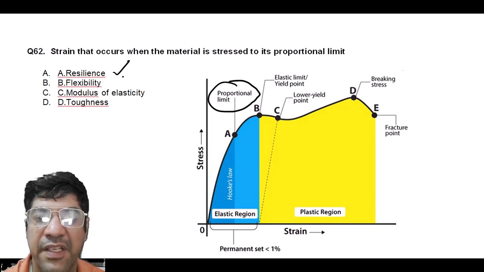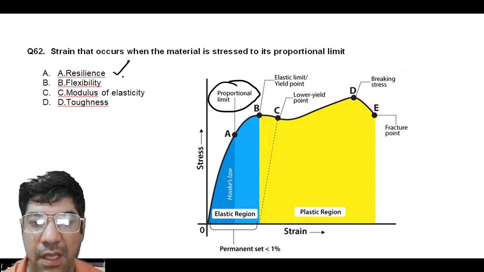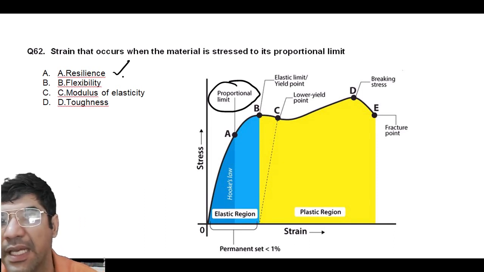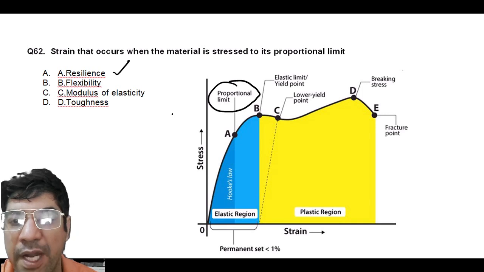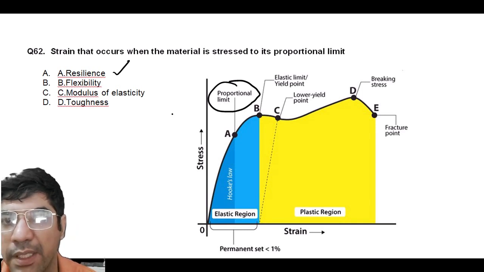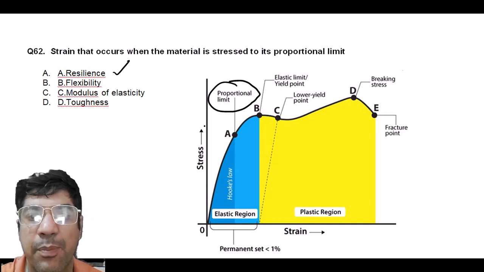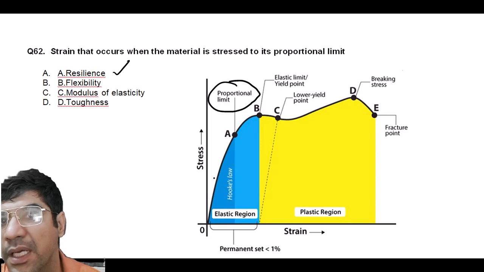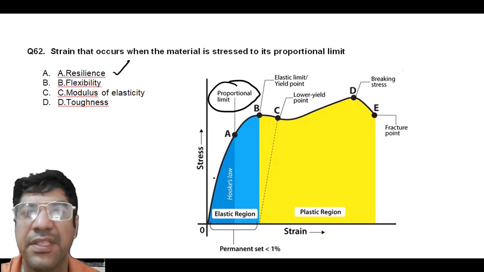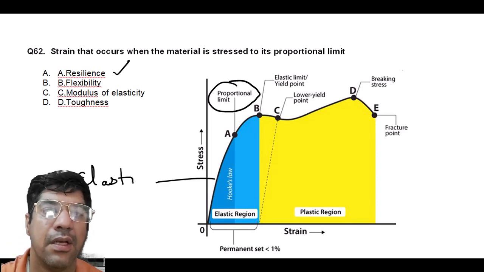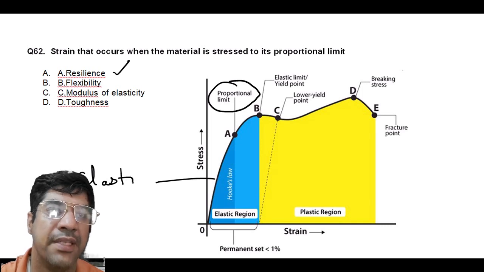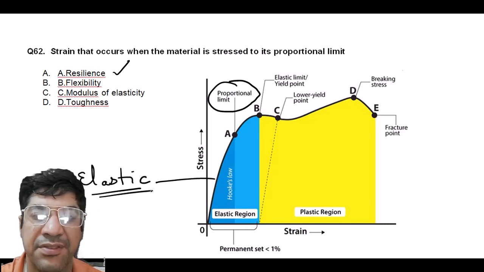Now what are the key features of stress strain graph? It has various regions like elastic region, yield point, plastic region and fracture point. The initial part of the stress strain curve is the elastic region. There is a linear relation between the stress and the strain.